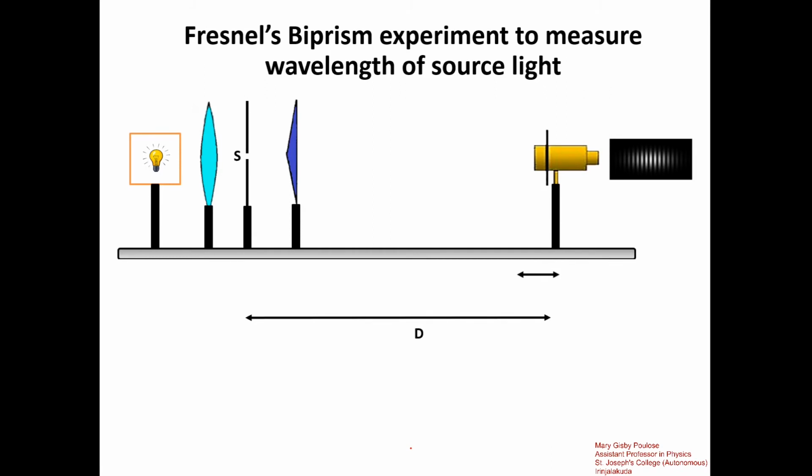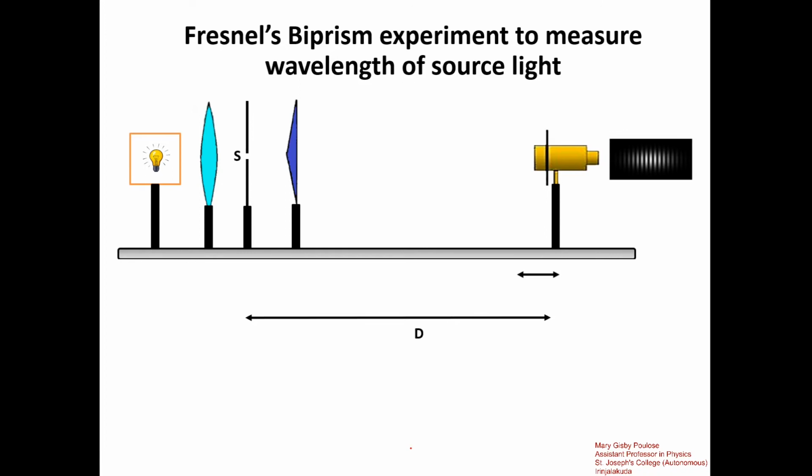Once you view the fringes, as you move away from the biprism, the fringes should only appear to magnify. If they appear to shift laterally, towards the left or the right, it is because the edge of the biprism is not aligned parallel to the slit.